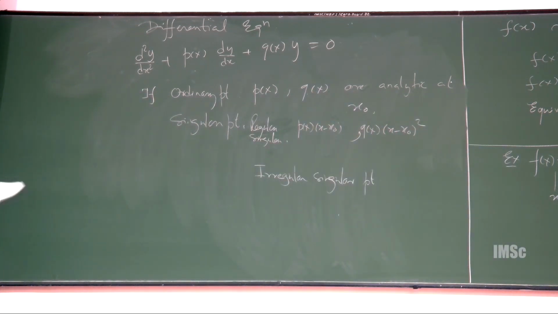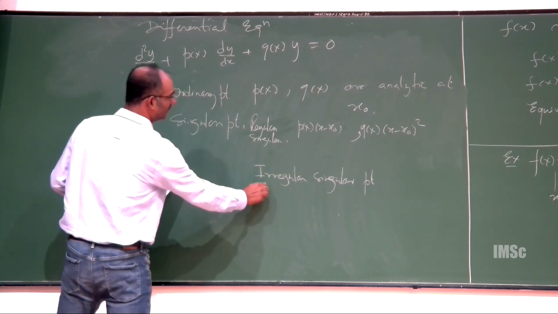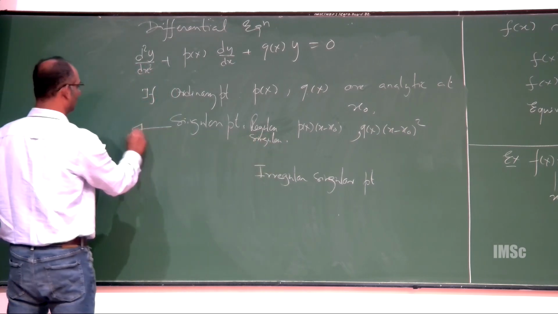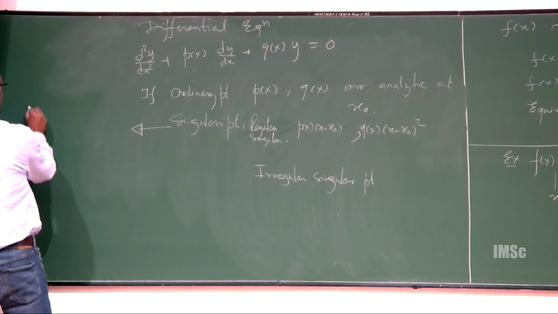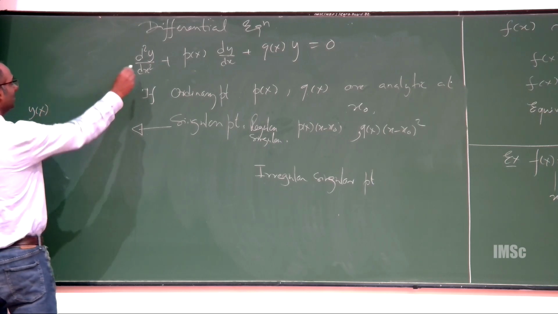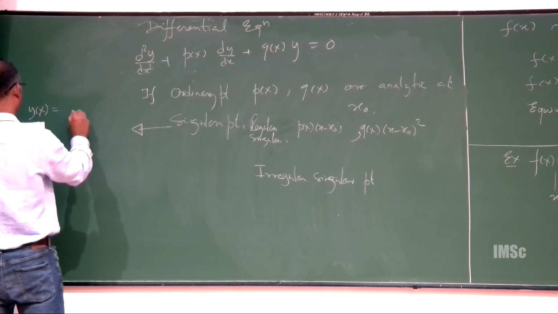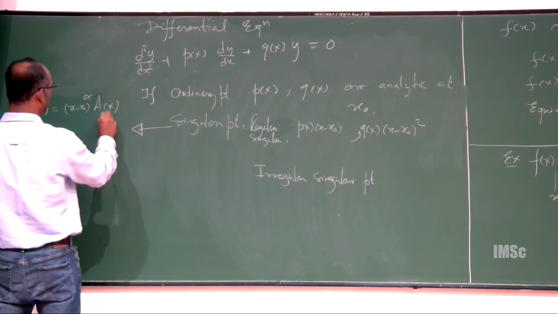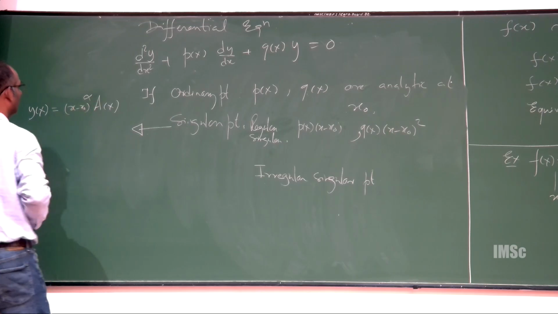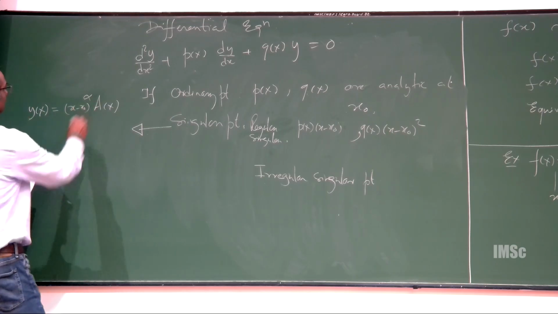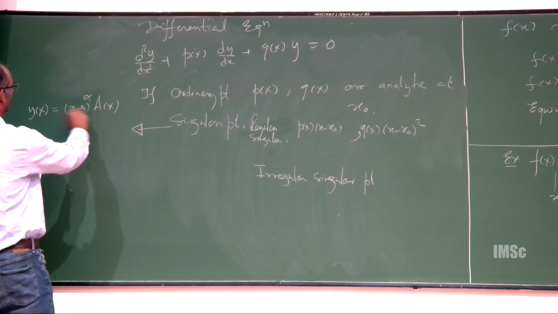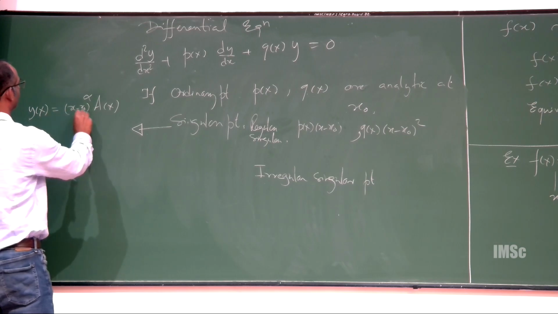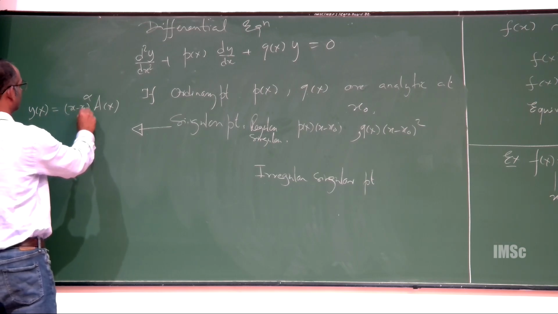Okay, maybe I'll just write down the form of the solutions. So you'll have two solutions, since it is a second order differential equation. One solution will be of this form, where A(x) is analytic, and alpha could be non-integer, so you will have an algebraic singularity at x naught.